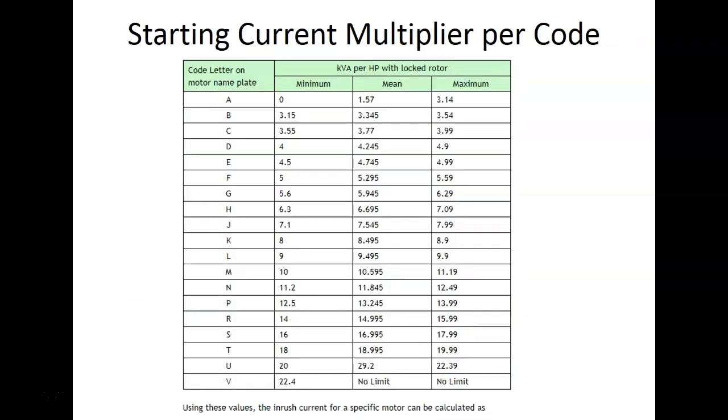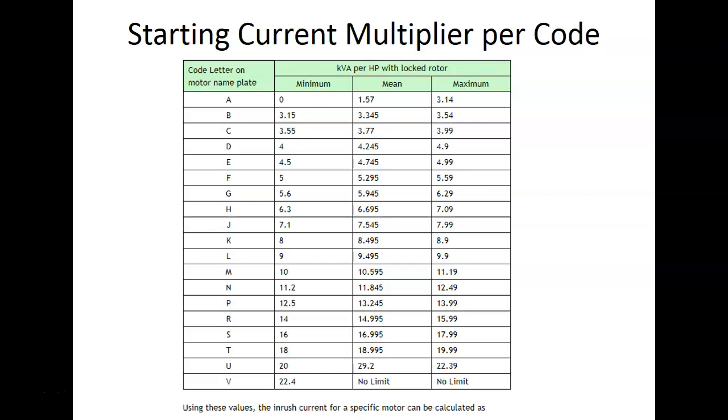So this is the starting current multipliers. I'm glad this is on here. I don't know if I can make it bigger, guys. This chart is very rarely available on the internet. So what we have is a code letter on the motor, and this tells us our multiplier for our start current. So if you got an A on there, it means what? Your current could be 1.5 to 3.15 times.